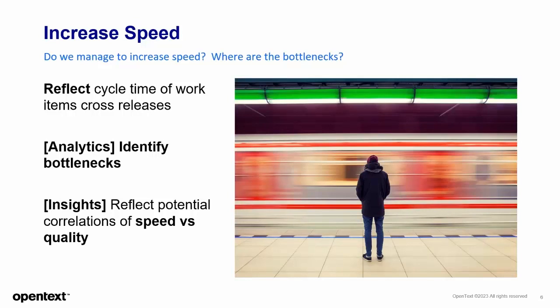And then finally, the last layer is to correlate this, to be able to quickly see and make sure that when we're improving our speed, we do not do it at the cost of quality, and we are still keeping high speed and high quality.